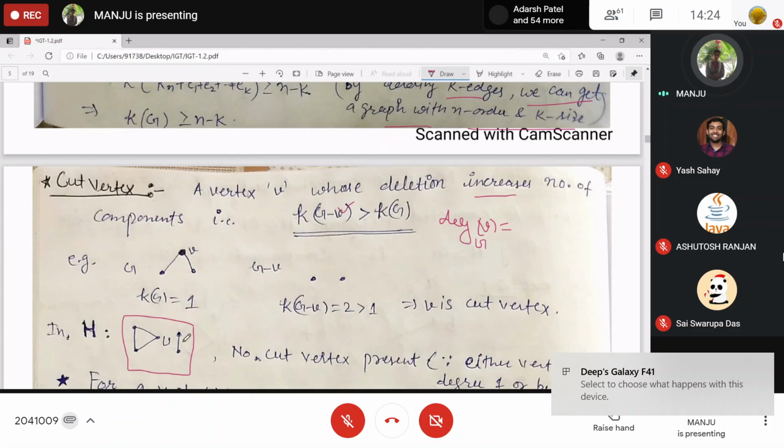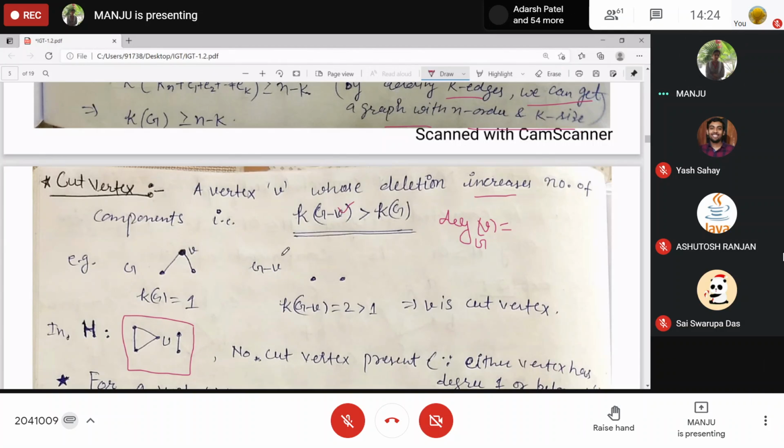Take these examples and tell me. 2 is correct. What about 3? It can be 3. In this one, V is working as a cut vertex with degree 3, right? So if V is a cut vertex, this implies the degree of V has to be at least 2. Can it be 1?